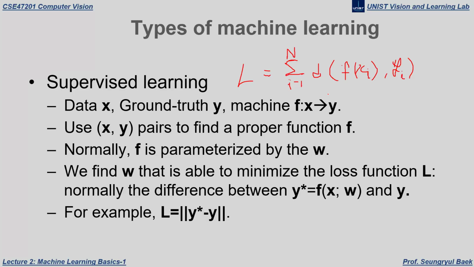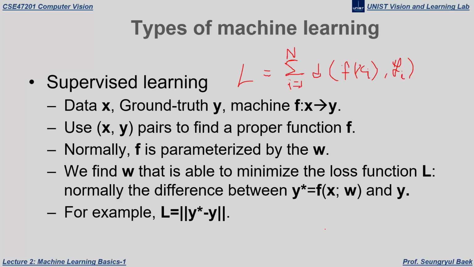So i equals 1 to n. We will sum up all the distances between the system's output and their ground truth, and by minimizing this, we can get the function f that best explains n number of samples.